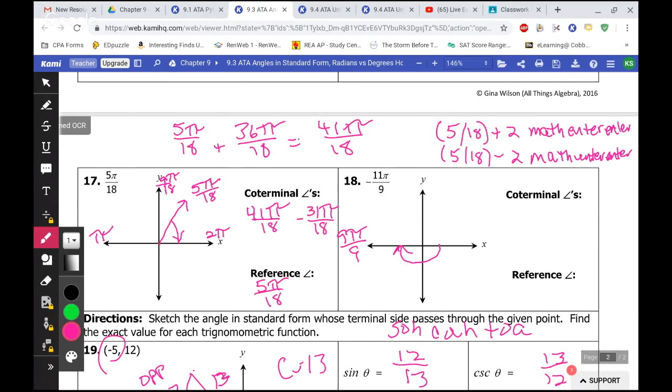Because if I go all the way back over to here, it's going to be 2 pi. So somewhere in the middle, that's like 4.5. That's why it's kind of ugly on this one, because you want to be right in the middle of those.